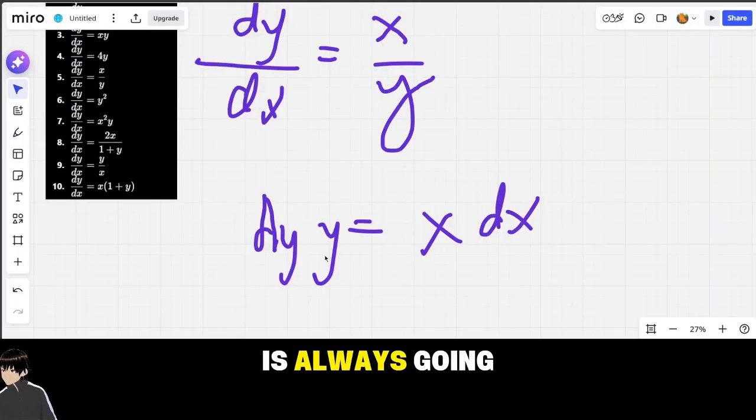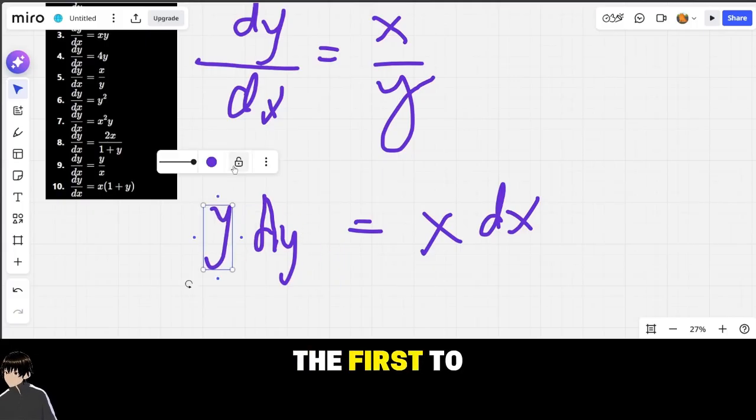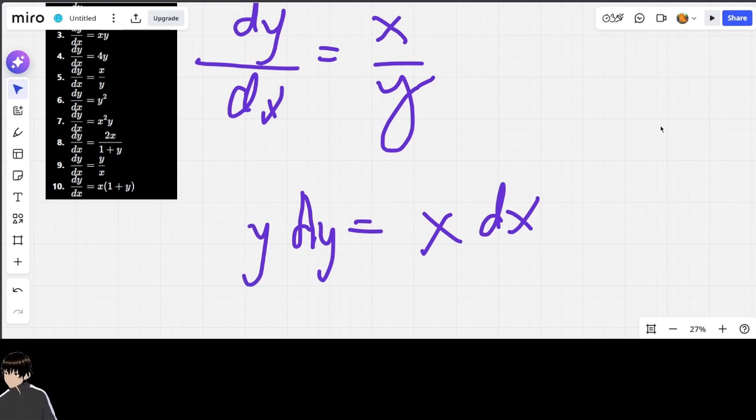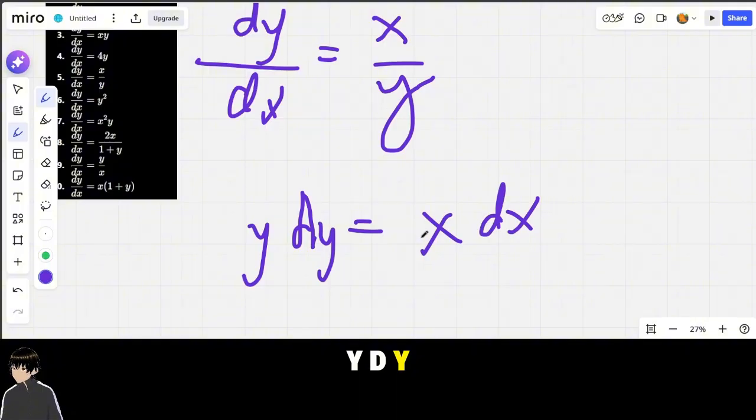So the variable is always going to be for the first to be here. So we have y dy equals x dx. Okay.